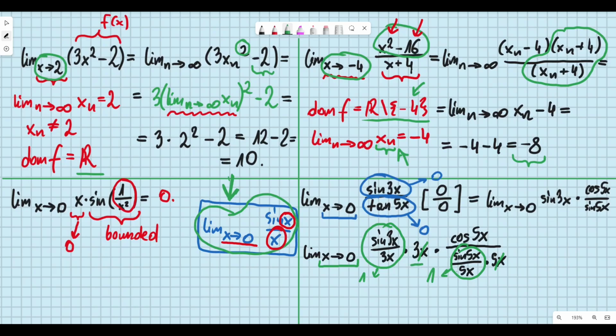Here we have number 3, here we have number 5. And moreover, cosine of 5x as x gets closer to 0 tends to the value cosine of 0 being 1. So that's basically solved. We do have 1 times 3 times 1 over 1 times 5, all leading to the result 3 over 5.